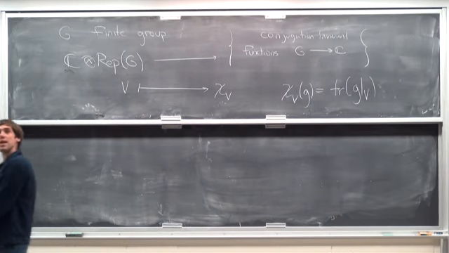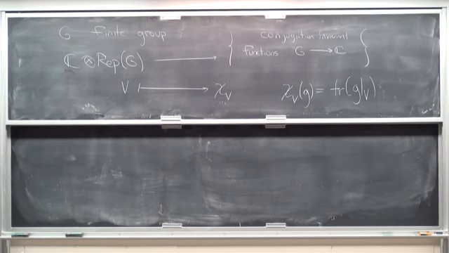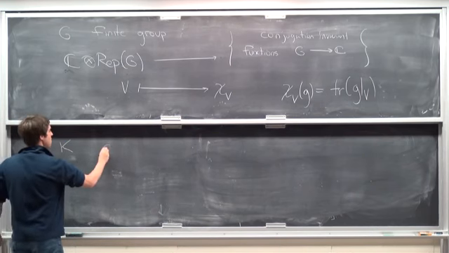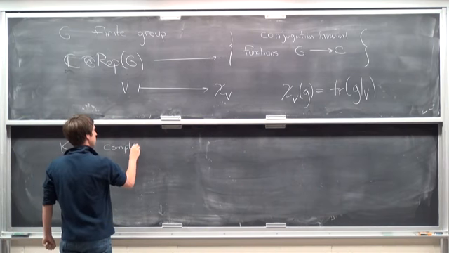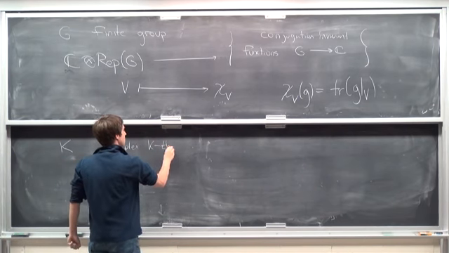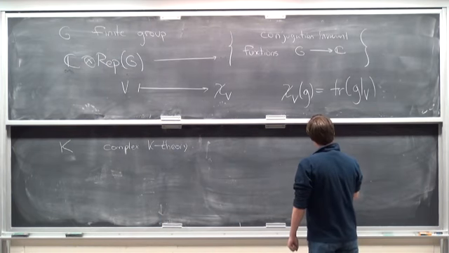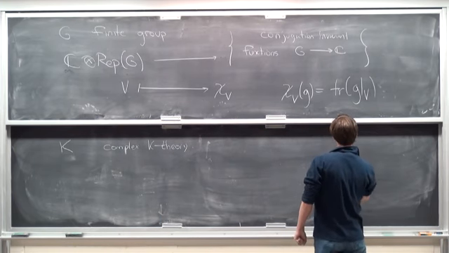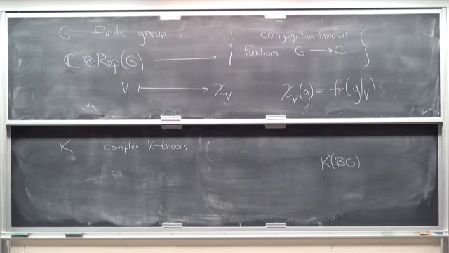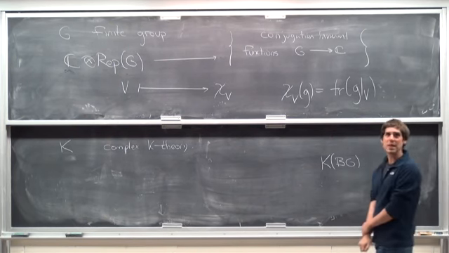So I'd like to first take this statement and make it look a little bit more like homotopy theory. I'm going to use the letter K to denote complex K-theory. There's a close relationship between the representation ring of a group G and the K-theory of the classifying space BG.